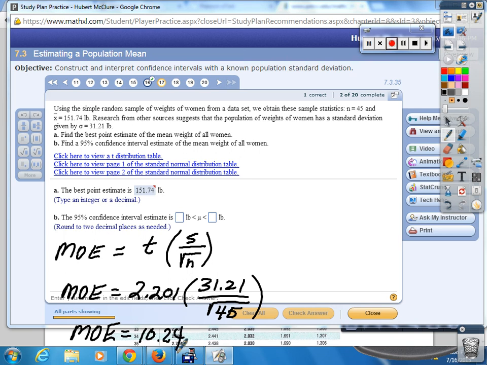So our confidence interval is going to be, mu is going to be between, take 151.74 and add 10.24, that'd be 161.98, and subtract it, 141.5 what? That's 50. That's your interval.